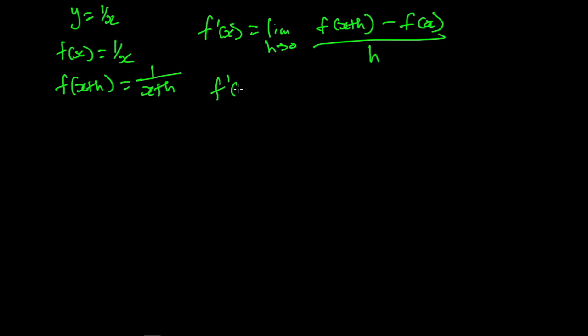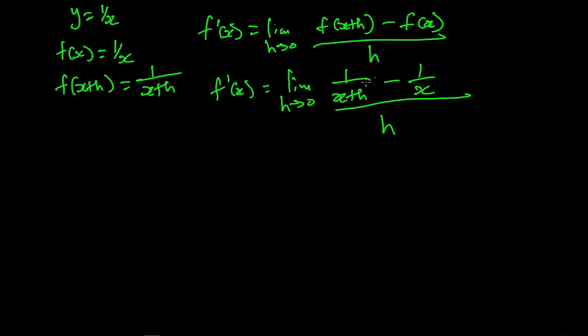So we have f prime of x equal to the limit as h approaches 0. f of x plus h is going to give us 1 over x plus h, minus f of x, which is 1 over x, all over h. So before we go further, let us simplify this numerator. So f prime of x is the limit as h approaches 0. The common denominator to both of them is going to be x plus h multiplied by x.